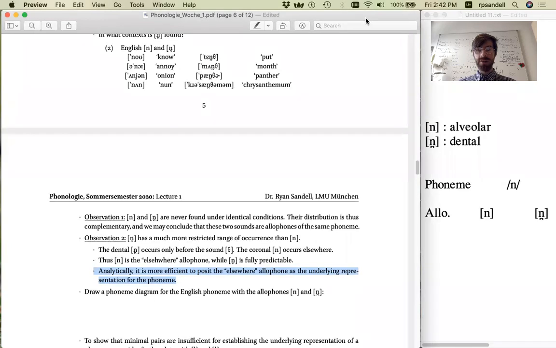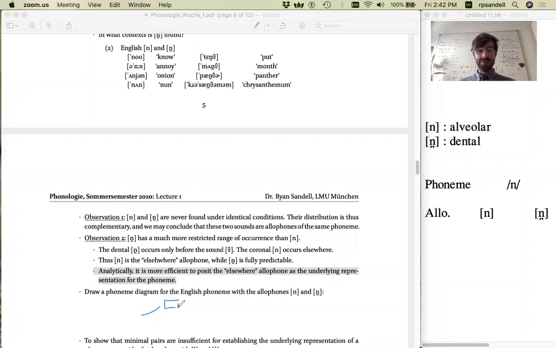We can also draw the phoneme diagram. Let me try to draw this with some lines here, and write these symbols. So we have, now let's clear this. We have the underlying representation of an alveolar nasal, and it will be connected to two allophones.